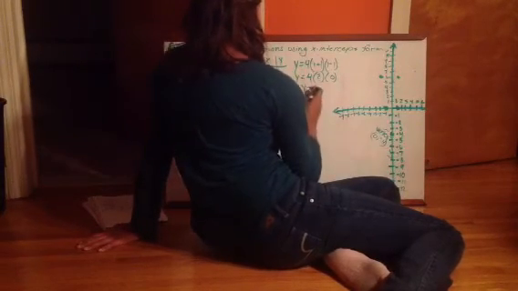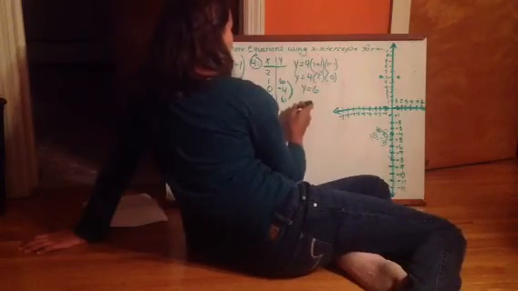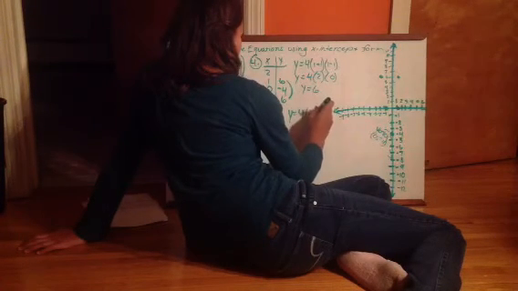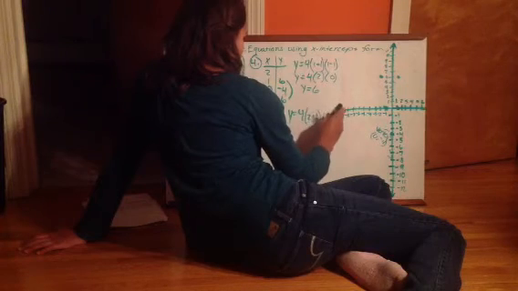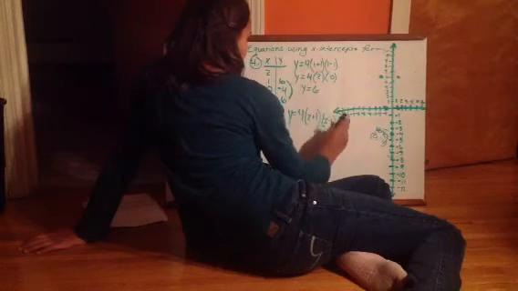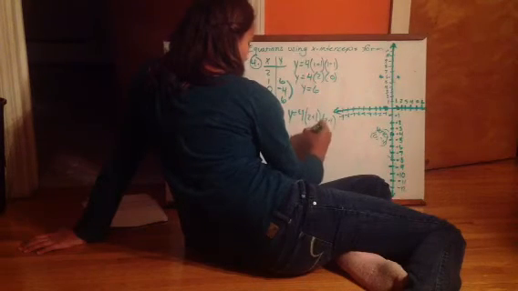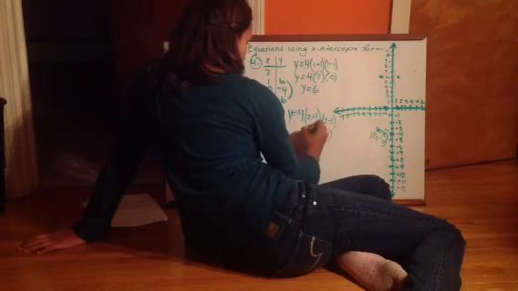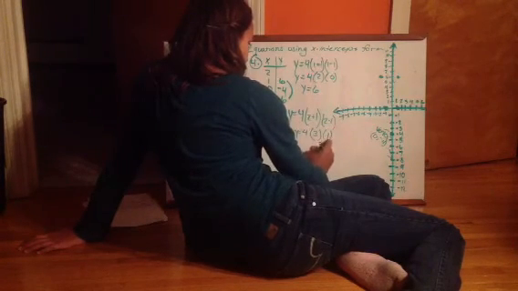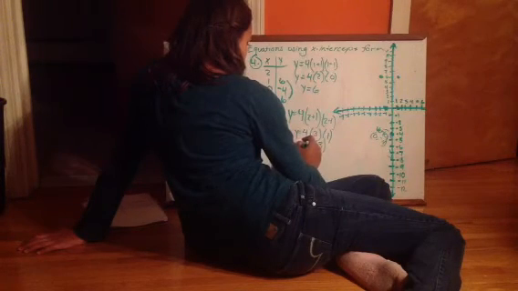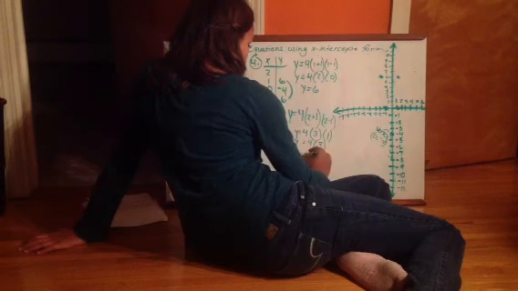You can continue to go down and do your 2s. I'll do them just to show you. Y equals 12.